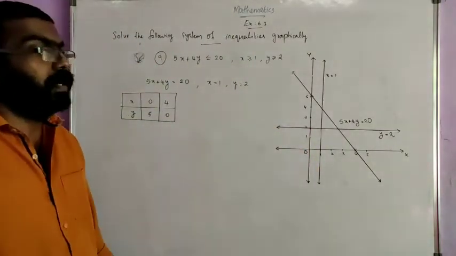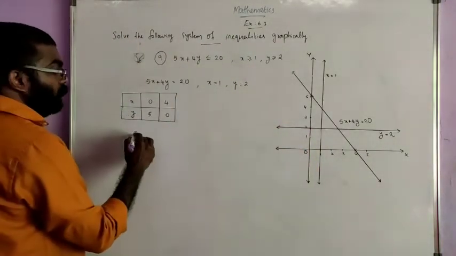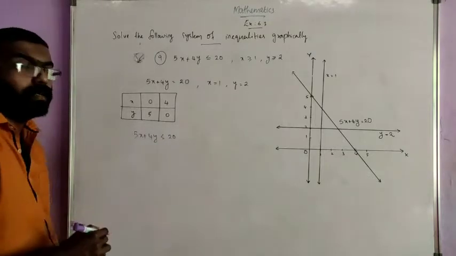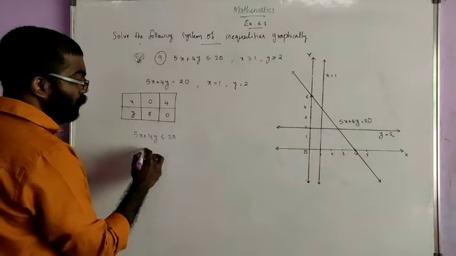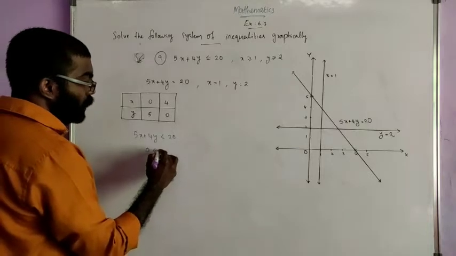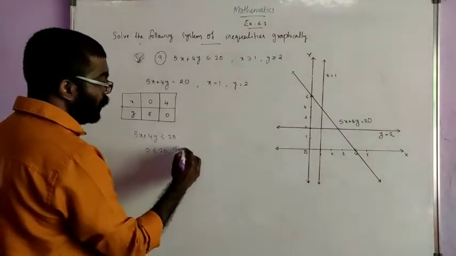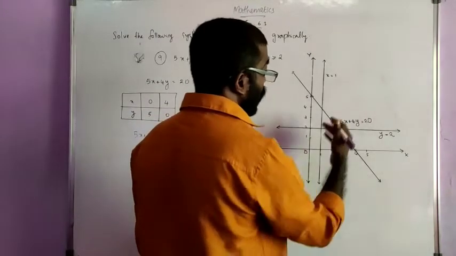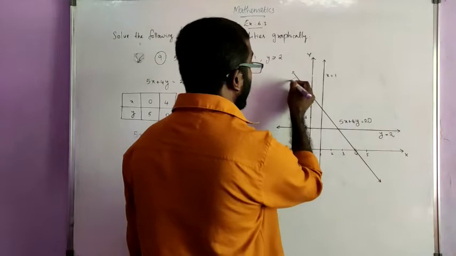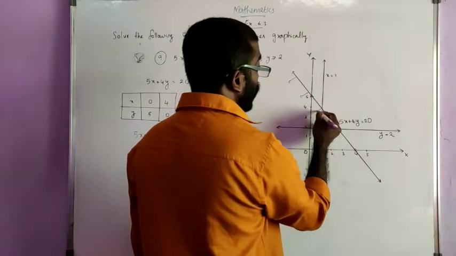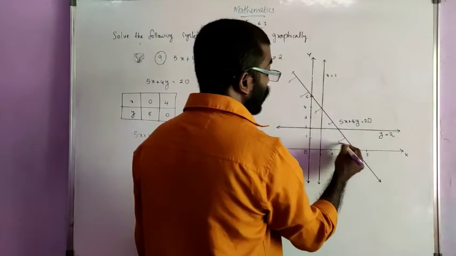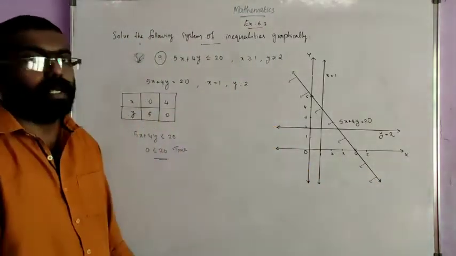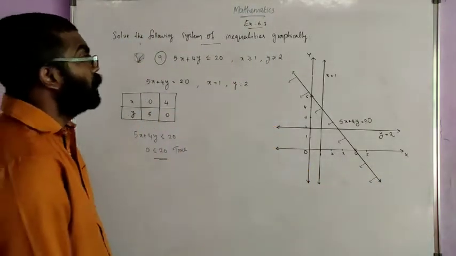Now we have to identify the half plane. Take the first one, 5x plus 4y less than or is equal to 20. We can put 0, 0. So 0 plus 0, 0 less than or is equal to 20. It's a true statement. Okay. 0, 0 is on the lower half plane of this line. So we can mark this portion, lower part of the line, 5x plus 4y equal to 20. Okay.